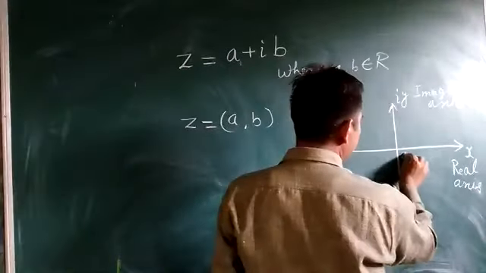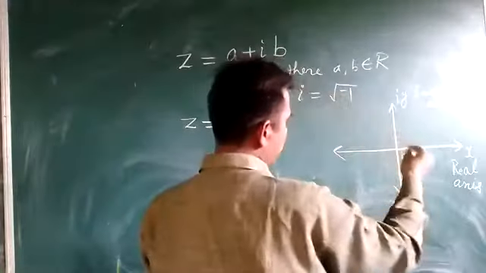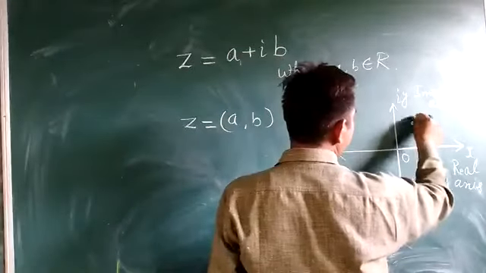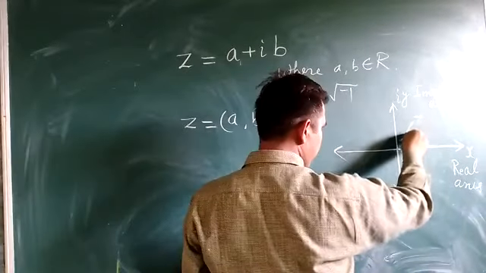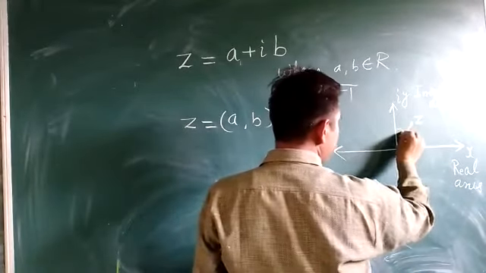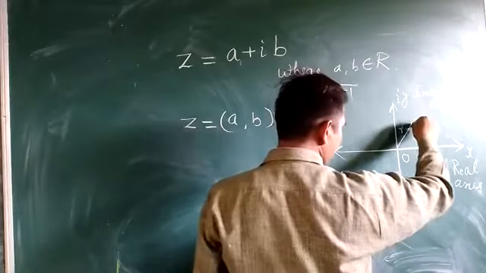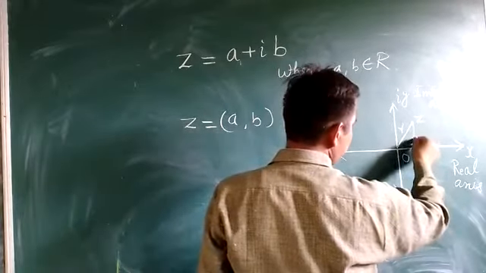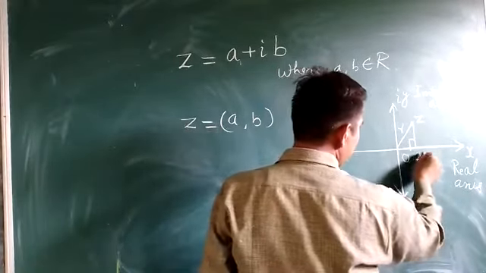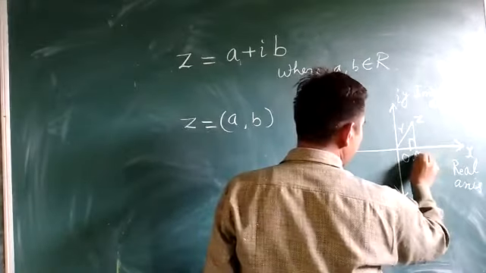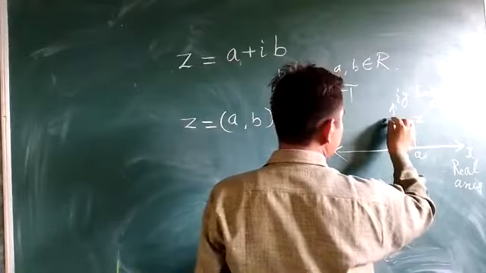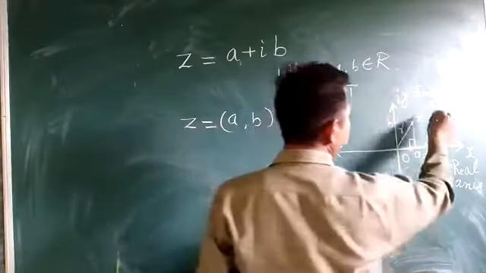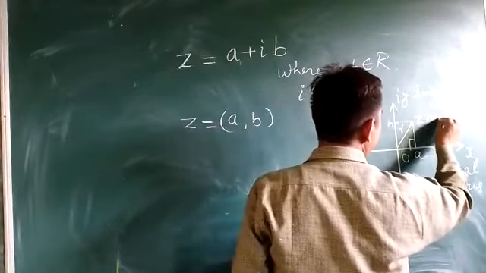This is the origin. A complex number z is plotted here, and from the origin this distance denotes r. This is a, and this is b. Z equal to a comma b.